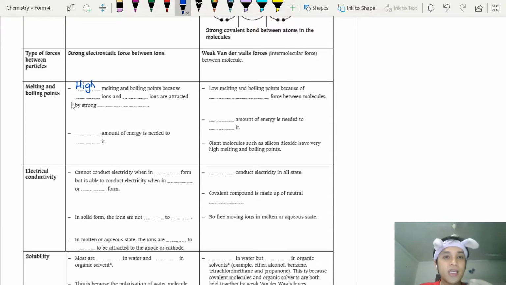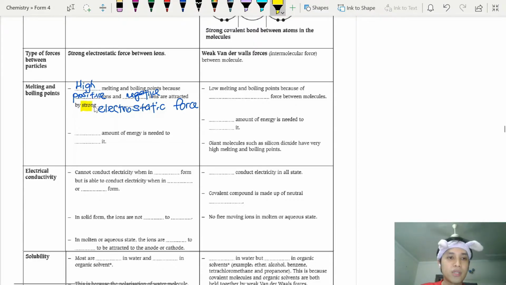If they ask you to explain why, then you say because the positive and negative ions are attracted by strong electrostatic force. We always use this term in the explanation about melting and boiling point. This must be included in your answer for you to get the full marks.